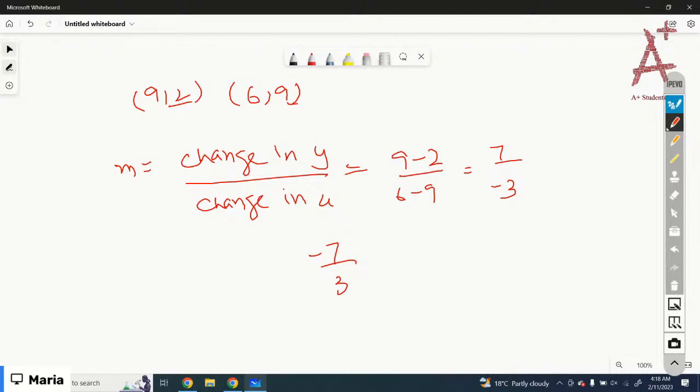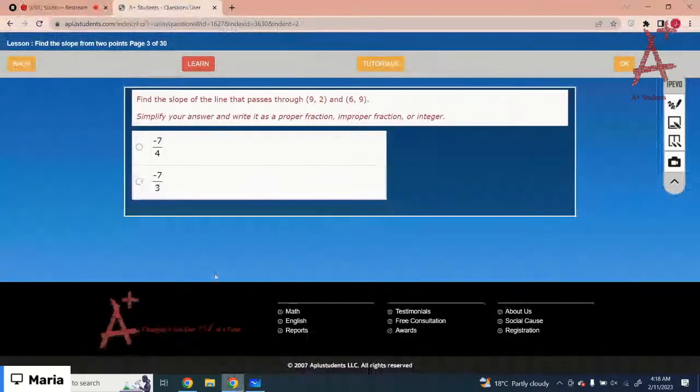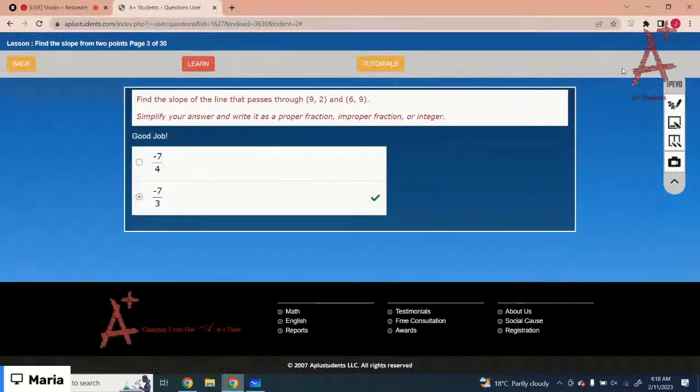So the slope of the points 9, 2 and 6, 9 is negative 7 over 3. Here is the option, negative 7 over 3. So just select the correct option, then click on the OK button.